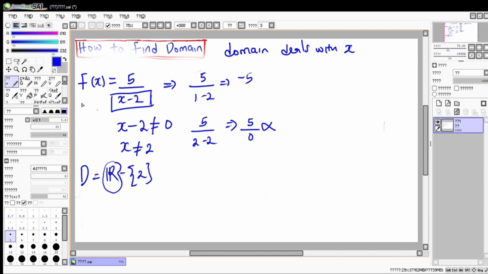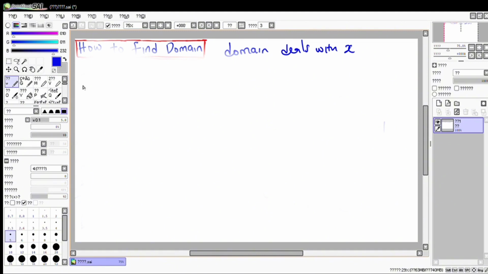Now, let's try another example. The second example is f of x equal to 2x minus 4 over x squared plus 9. Now, remember that this is a rational function, like the one we did earlier.